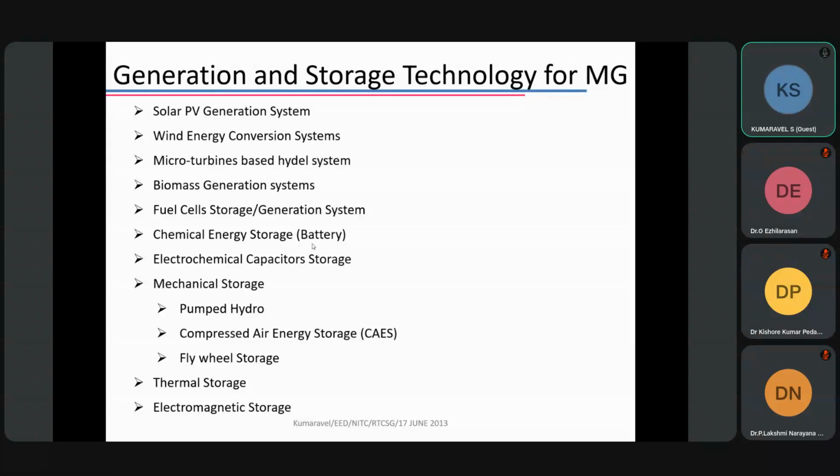Why? Because it is not available 24/7. At night time it is not available. So we should store it when it is available, and then provide reliable power from storage. So storage is mandatory.